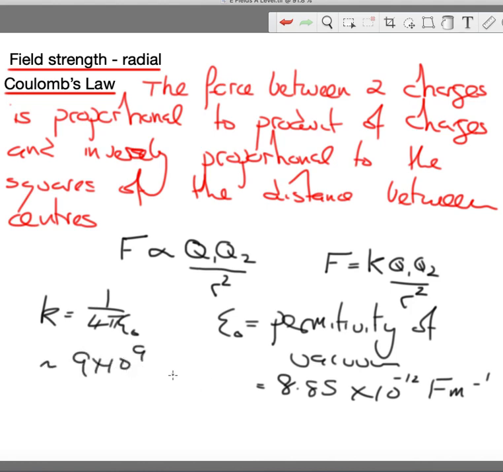Compare that to the constant in gravitational fields. 6.67 times 10 to the minus 11 is the magnitude.